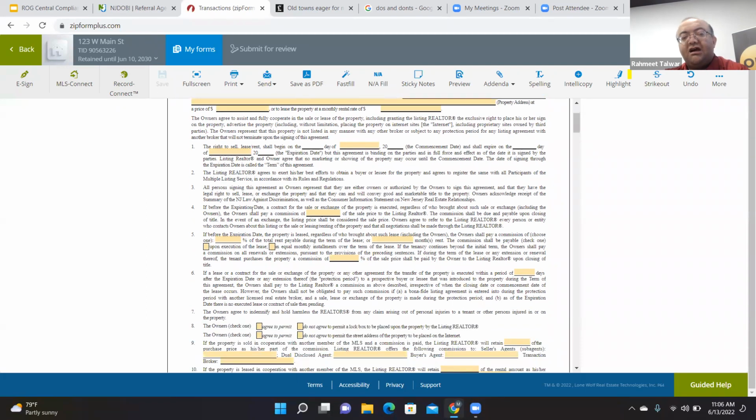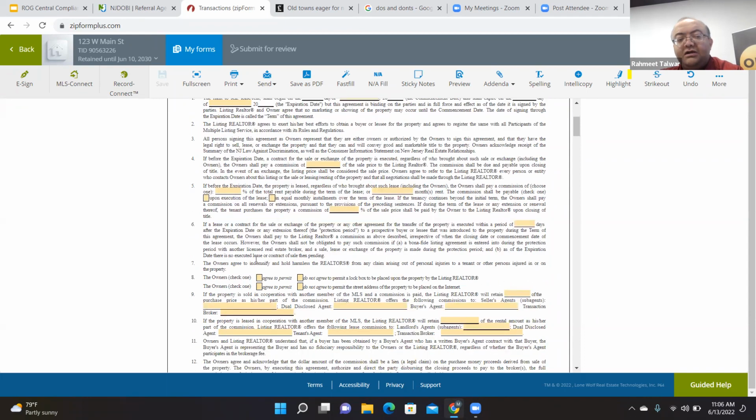Next, on number 4 right here, this is the total commission on the sales side. This is what the office will charge the seller, and then our office splits it with the cooperating broker. Number 4 breaks down on number 9, which we'll get to. With leases, you would normally put 1 month on this line.